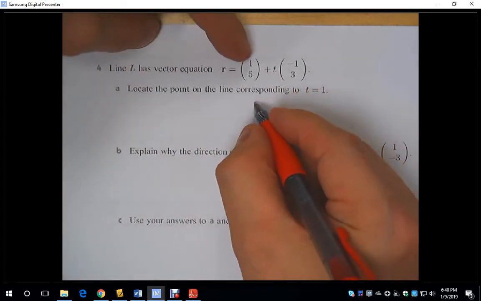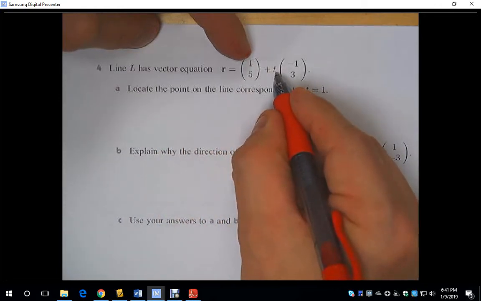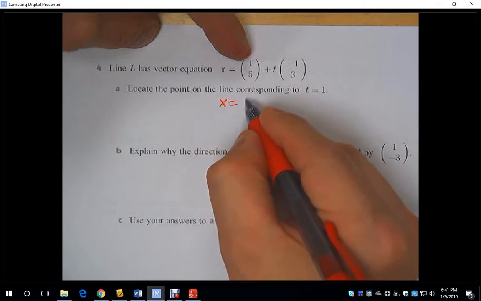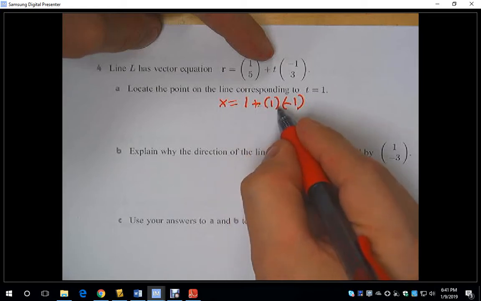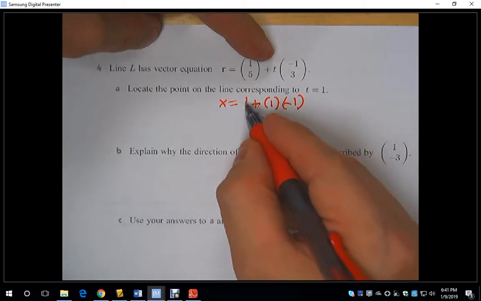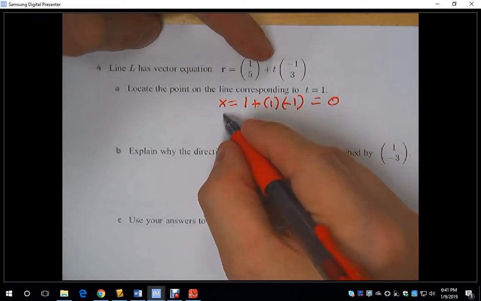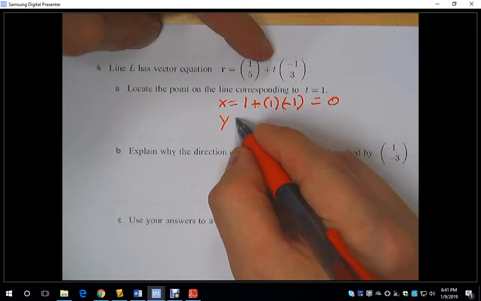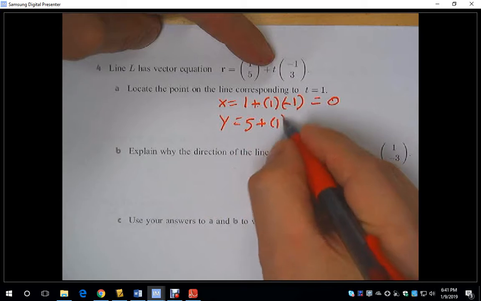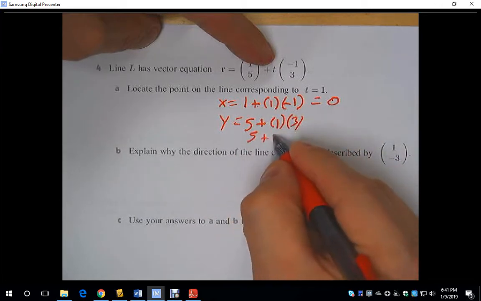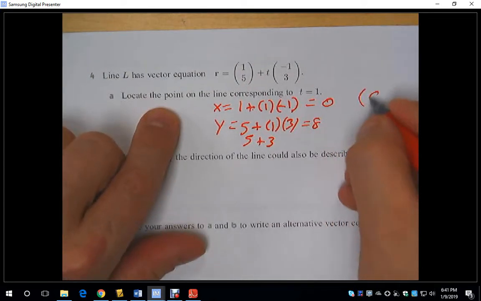So x is going to be 1 plus 1 times -1, and 1 times -1 is -1, and 1 minus 1 is going to give me 0. And then for my y value, that's going to give me 5 plus 1 times 3, which gives me 5 plus 3, which gives me 8. So the location is at (0, 8).